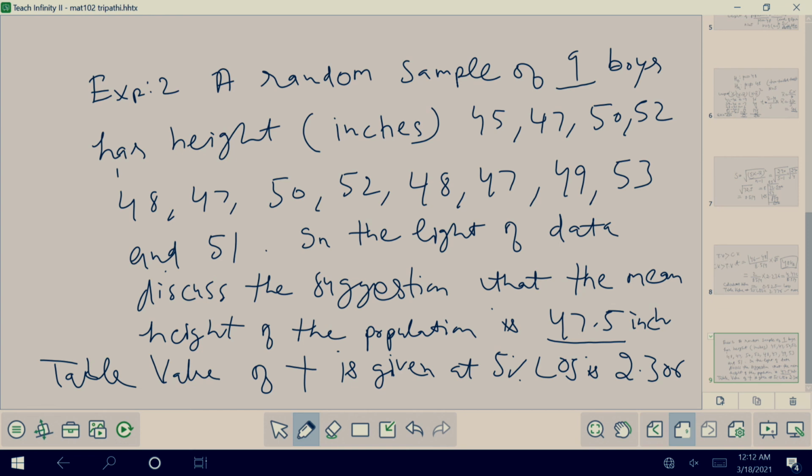And what you have to do in this question, first you need to calculate mean x bar, and after calculating mean you have to check whether it is in whole number or in fraction.